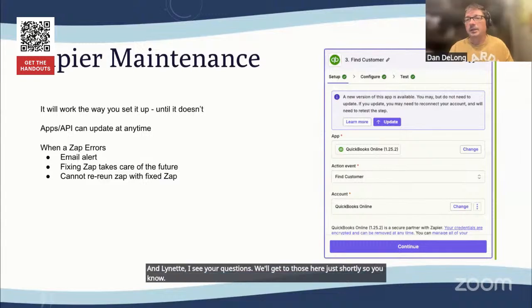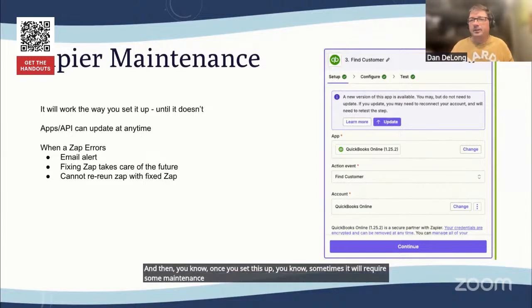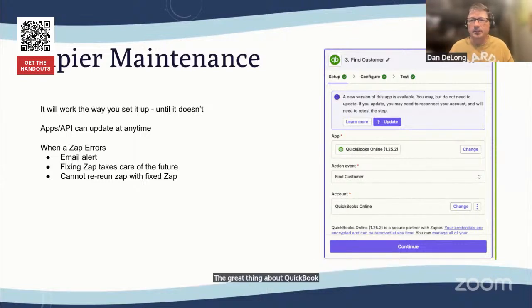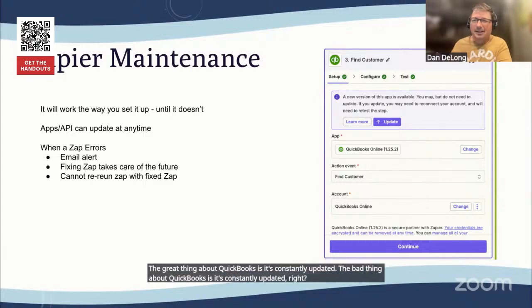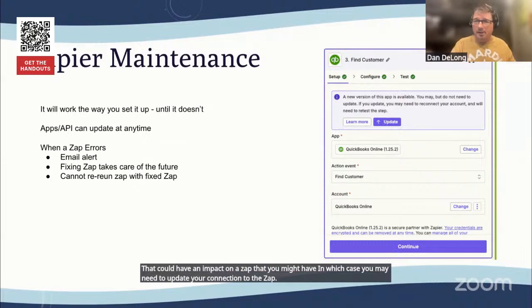So, okay. And then once you set this up, sometimes it will require some maintenance, right? The great thing about QuickBooks is it's constantly updated. The bad thing about QuickBooks is it's constantly updated, right? So that could have an impact on a Zap that you might have set up, in which case you may need to update your connection to the Zap. It may break.